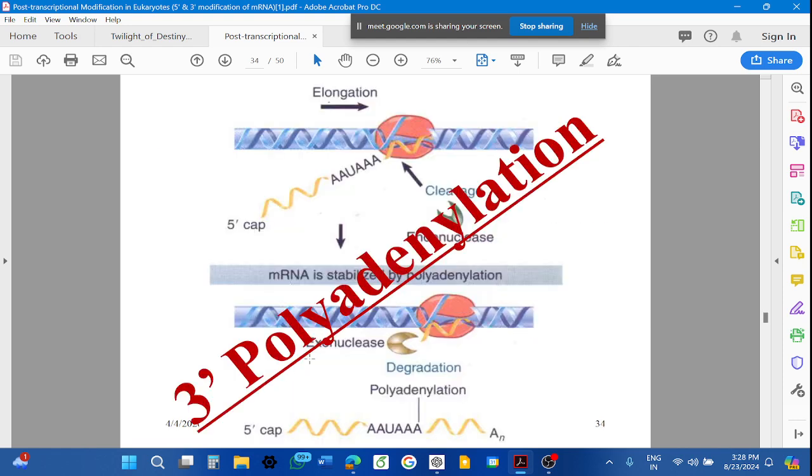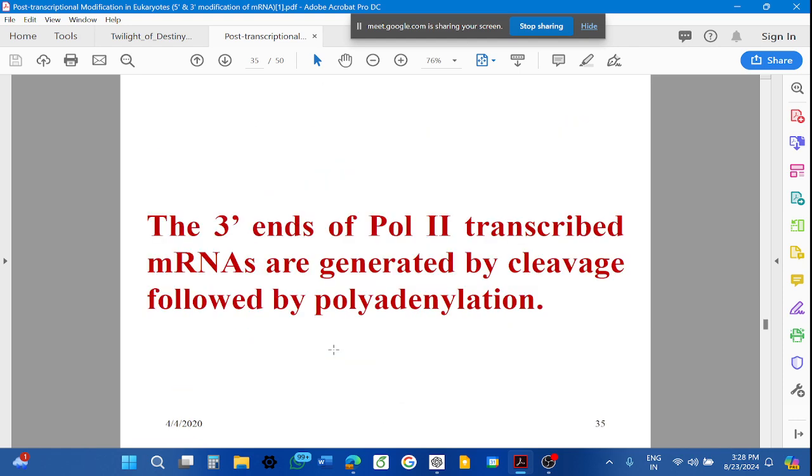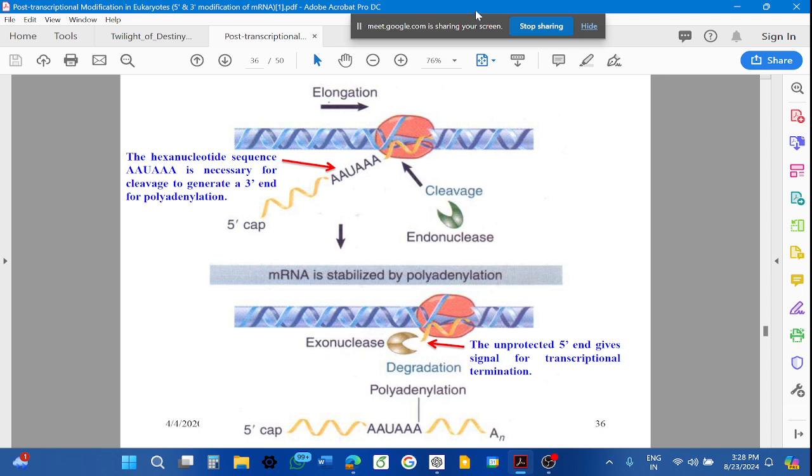Next is the 3' polyadenylation. You can see that once it reaches the end, a hexanucleotide sequence AAUAAA is necessary for cleavage to generate a 3' end for polyadenylation. So this is cut and the poly A tail is added. The poly A tail protects your backside from the back.